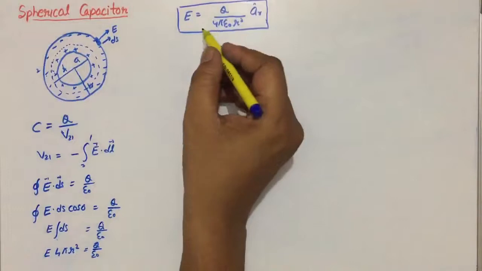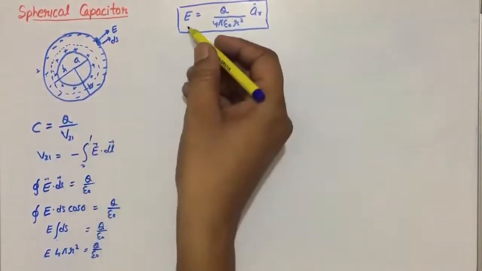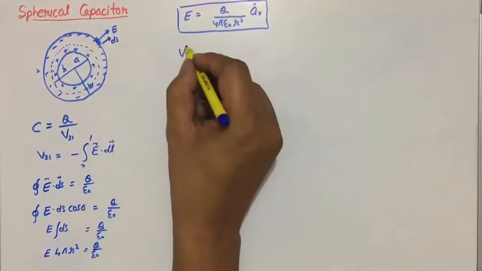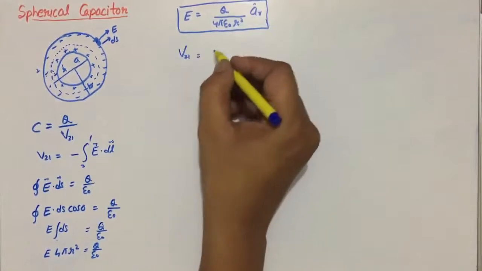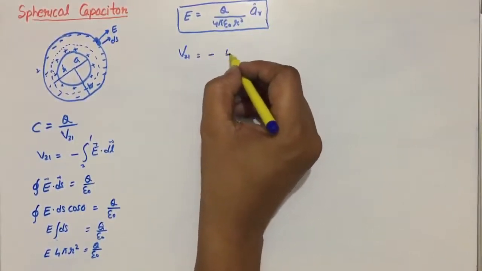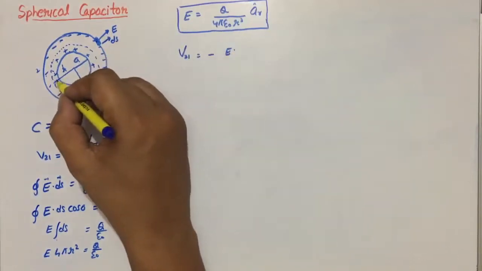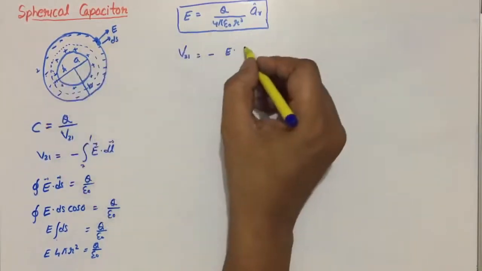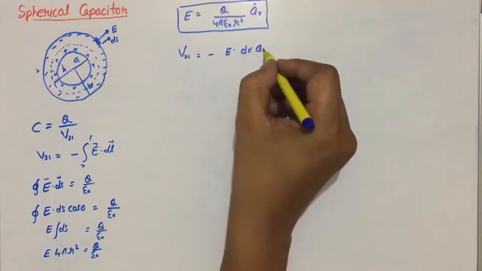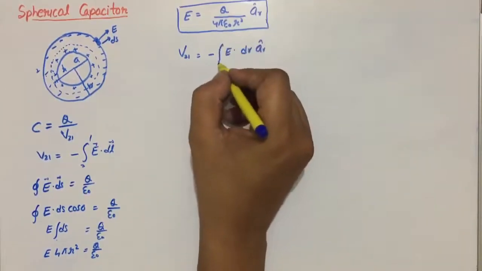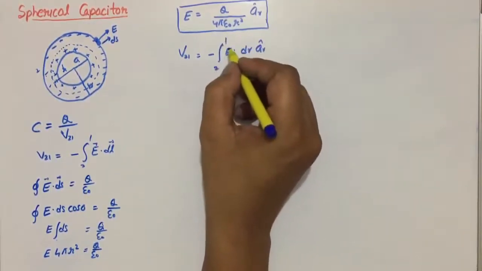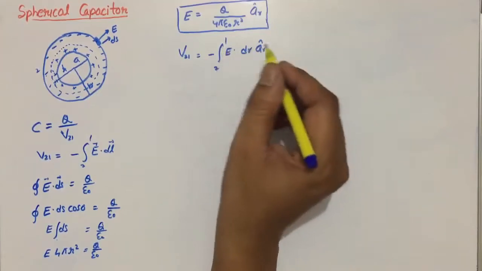and to find V we will put E here and find the V. So the potential difference will be minus the integral of this term dot dl. dl is nothing but dr in the direction of ar, for the potential difference between these two.